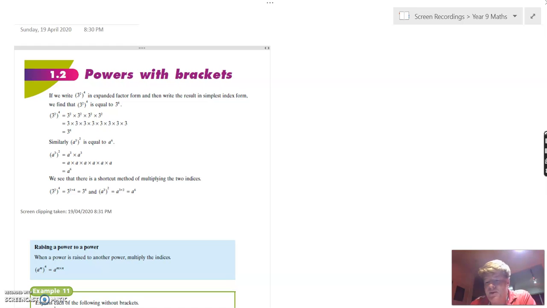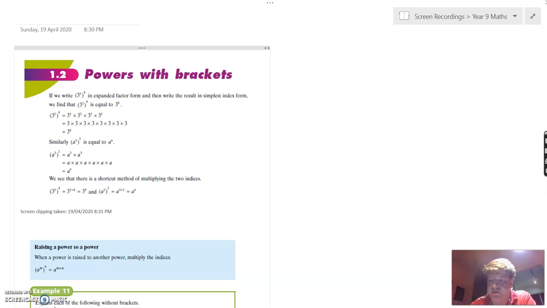We're going on with what we've already looked at with indices. So this week we're going to look at indices, and then we're going to move on to another topic. And we're looking at how we use indices with brackets. So we've done a little bit of work on adding indices.